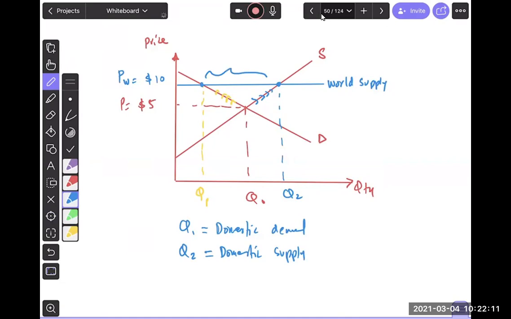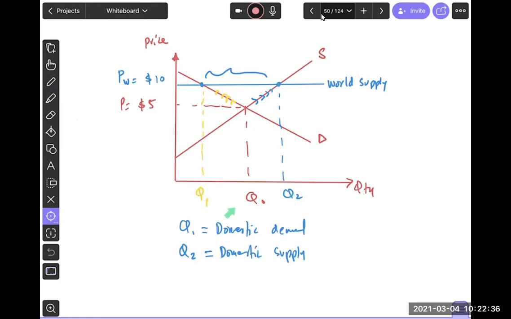Surplus, you're right. But who will buy that surplus? We're not buying that surplus. We can only afford Q1 quantity. Domestic demand is only Q1. So the Pakistani producer is selling Q1 in the domestic market, but he's producing Q2. Why is he producing Q2? Because the world is offering him a better price.